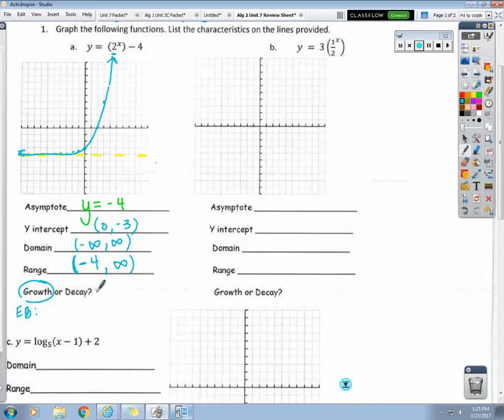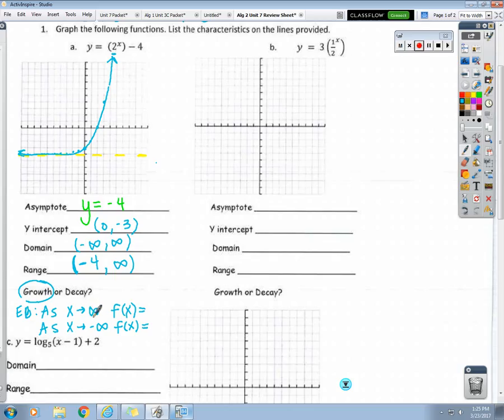Okay, they'll ask about the end behavior, and they'll say as x approaches infinity, and as x approaches negative infinity, and then you have to decide what f of x approaches. Well, what in the world does that mean? What does x approaches positive infinity mean?